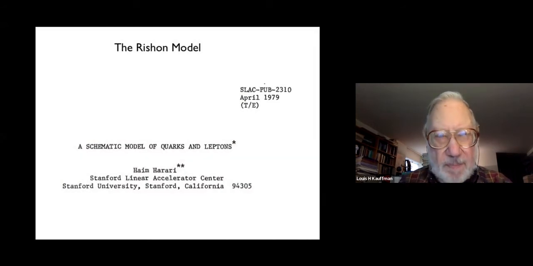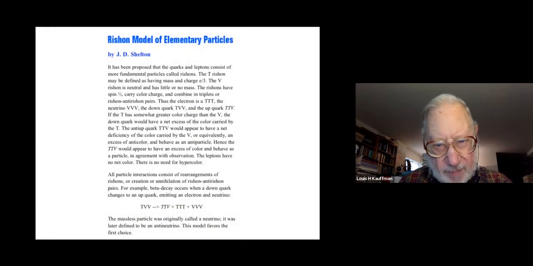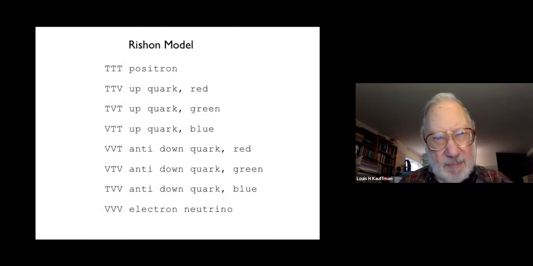Now, here's another one. This is not topological yet. This is the Rishon model from a while back by Chaim Harari. In his model, which I have a better picture of the entities in here from a different paper, the quarks have substructure.